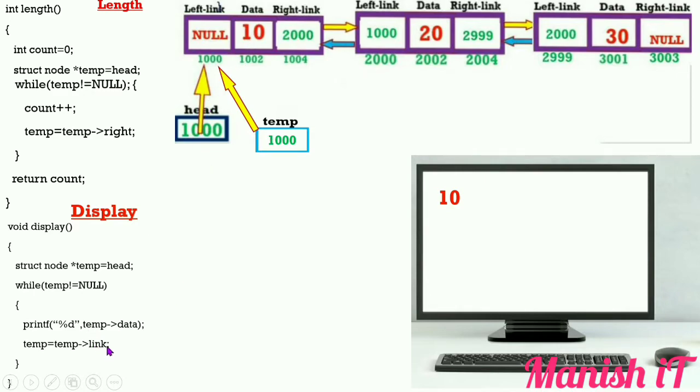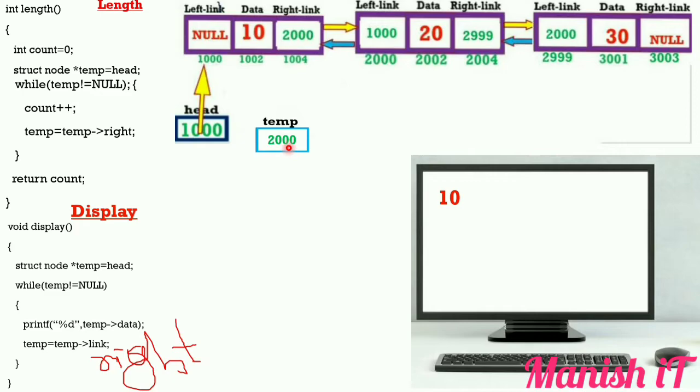Here by mistake we have simply written link; I have to write temp->right. Temp->right is what? 2000.